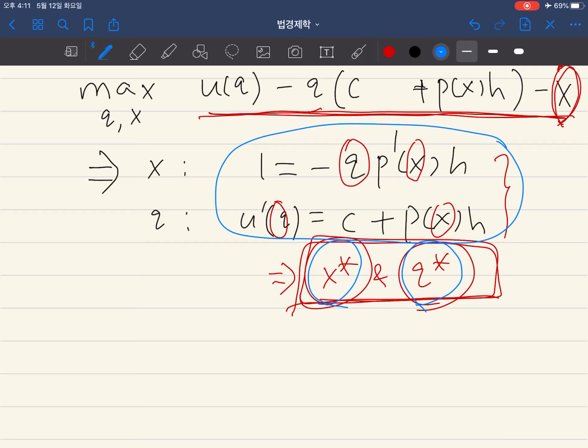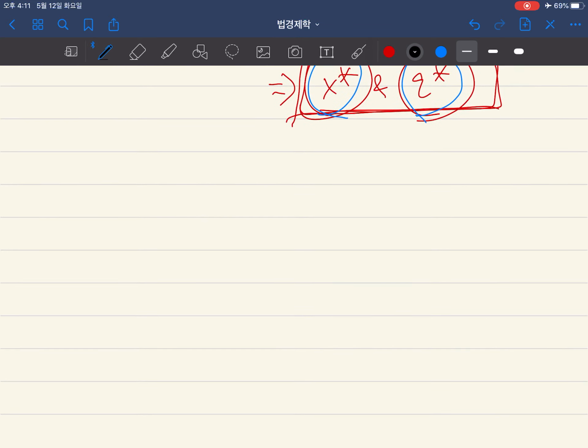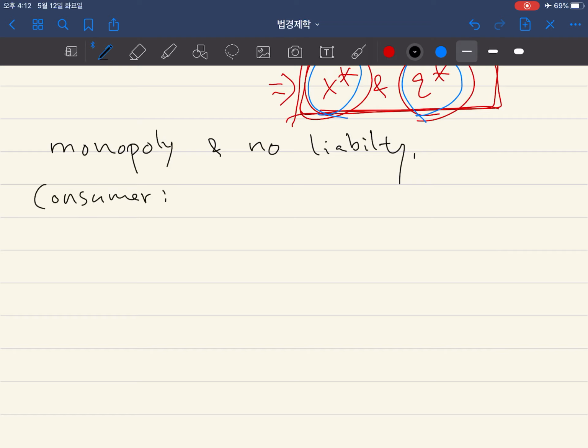And let's think about monopoly and no liability situation. So let's think about monopoly. In particular, let's think about no liability situation. Let's think about consumer's problem first because we need the inverse demand in monopoly.